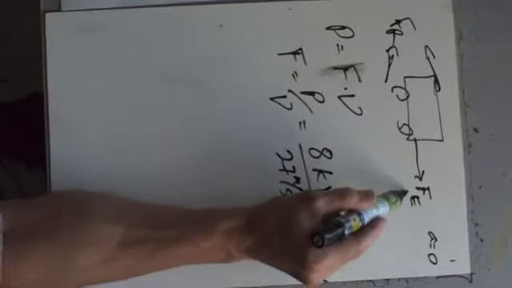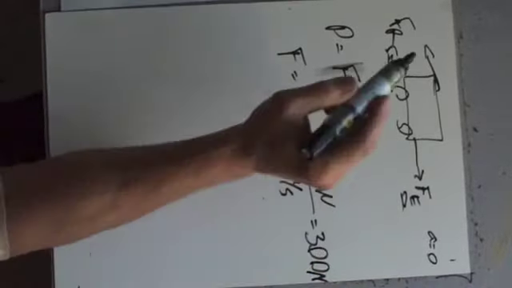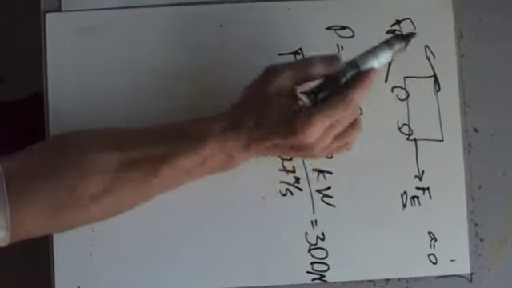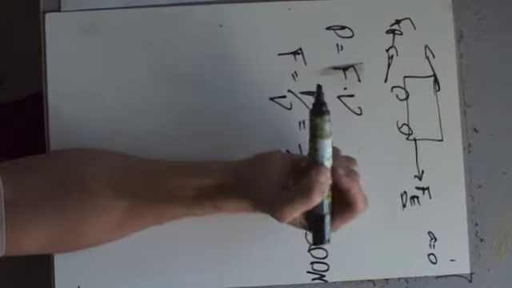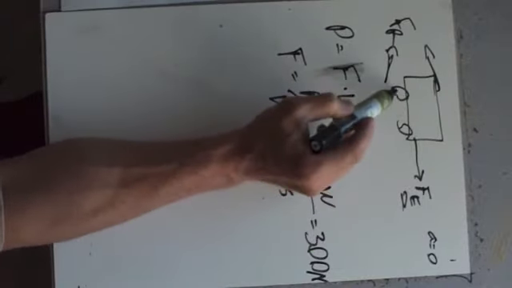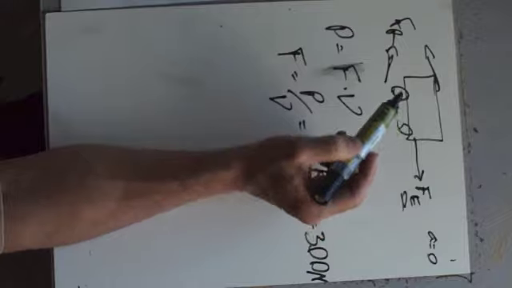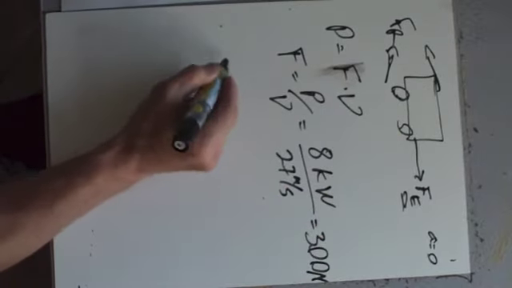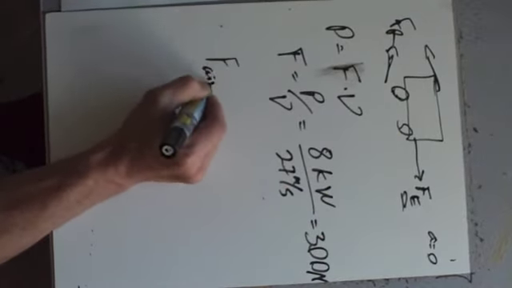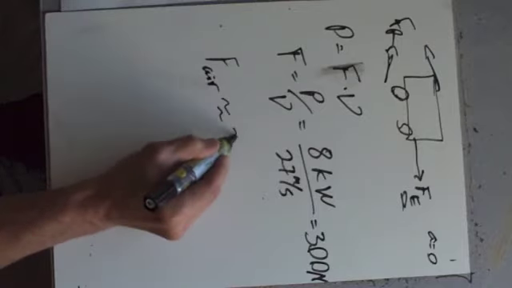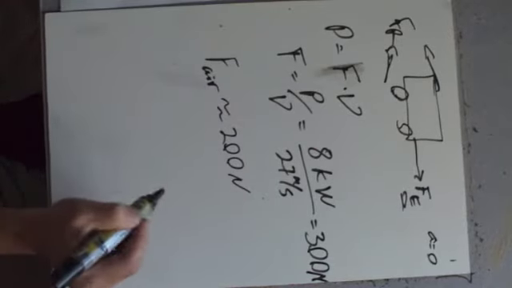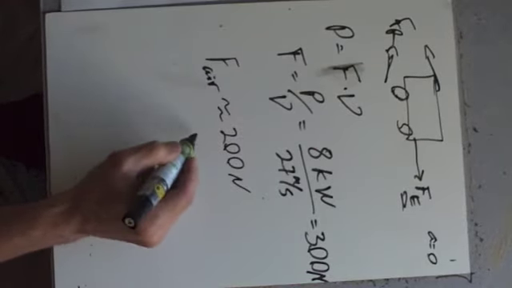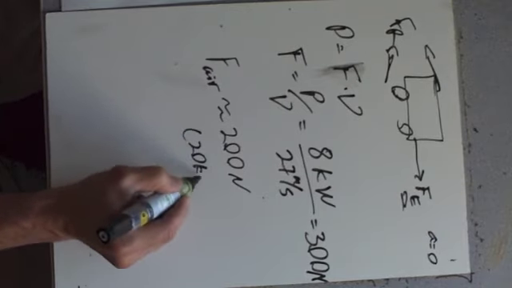So this is a force that the engine has to put out to compensate for the air resistance and the rolling resistance of the tires. The rolling resistance of the tires is usually less than the air resistance, so we might say that the air resistance is about 200 newtons. Right? Well, that's the force of gravity on about 20 kg.